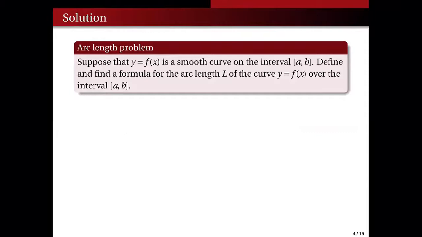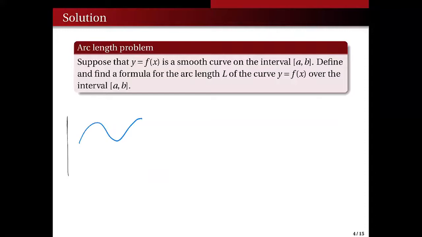We define and find a formula for the arc length L of this curve over the interval AB. So let us draw again a smooth curve. This time I'll just draw a shorter smooth curve, something like this. And of course, this is your interval AB, maybe.